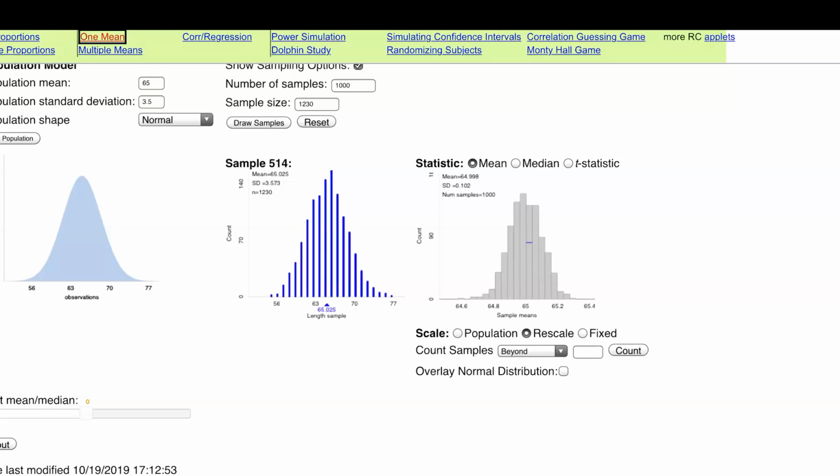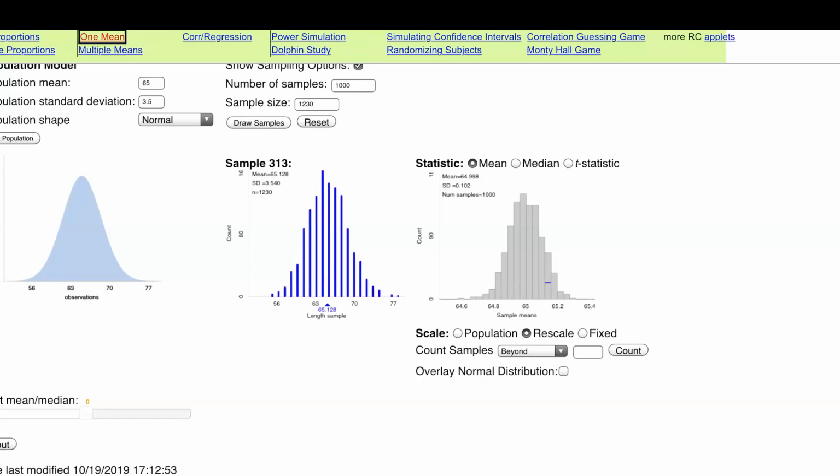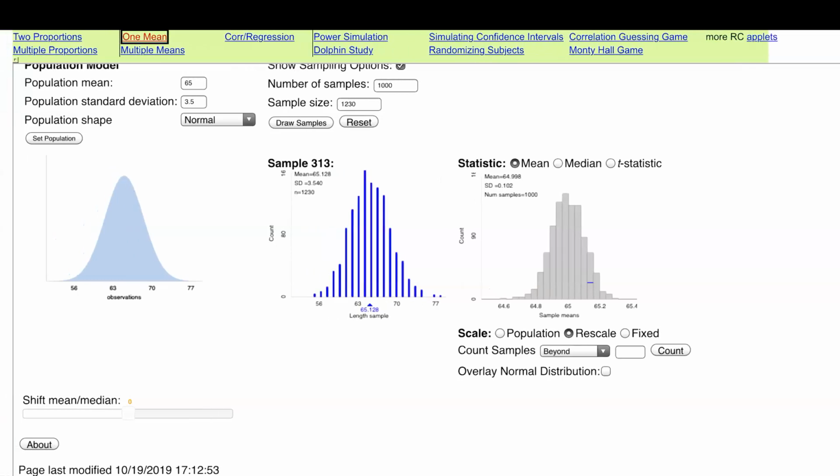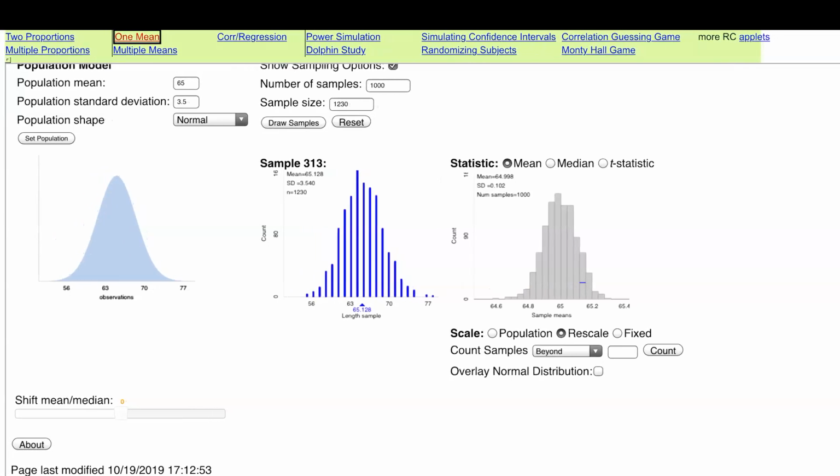First of all, if I click around in the gray graph but pay attention to the middle picture, these different sample distributions, notice that each one is more bell-shaped than in the previous example when we had a sample of size 123. So when we have a larger sample, it's, in a sense, more representative of the population. Its shape is closer to normal with a longer run of trials in our sample.